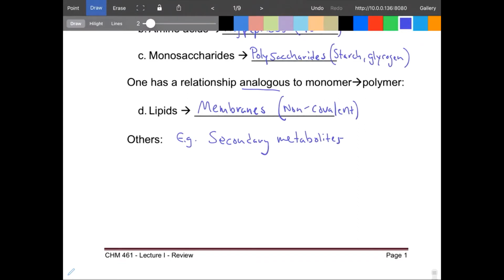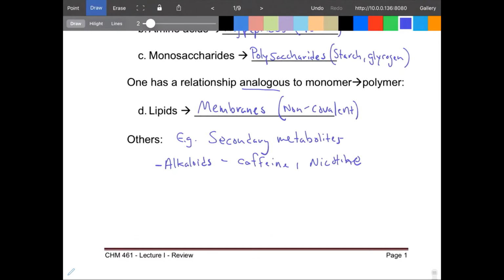So another example of those secondary metabolites would be something like the alkaloids. Alkaloids, things like, say, caffeine, nicotine as well, right?